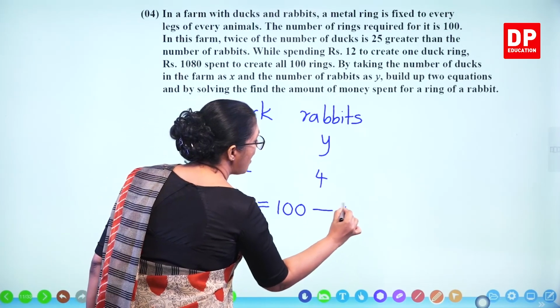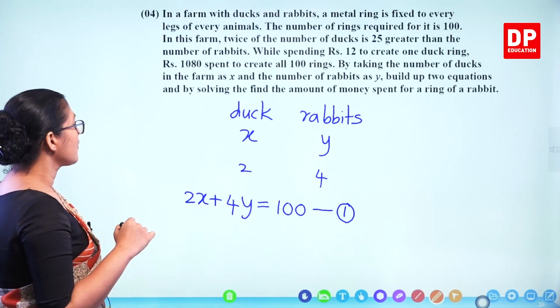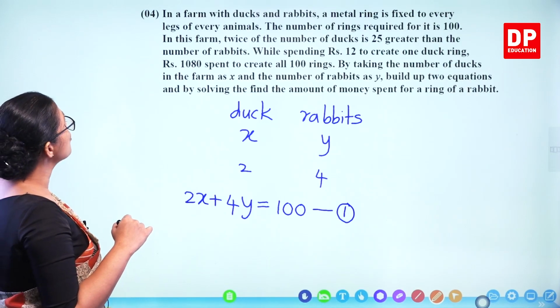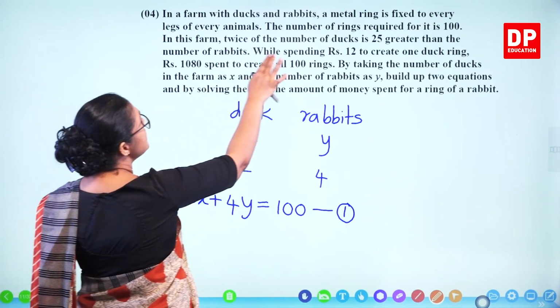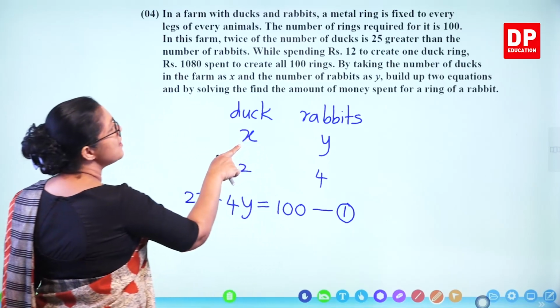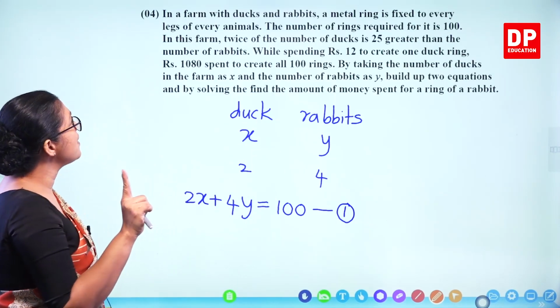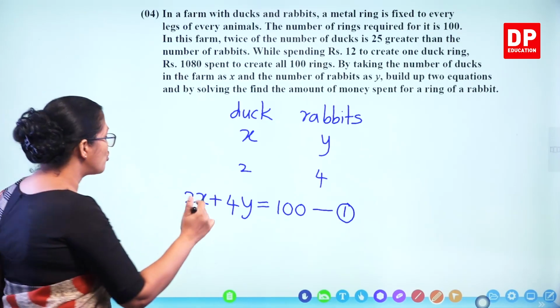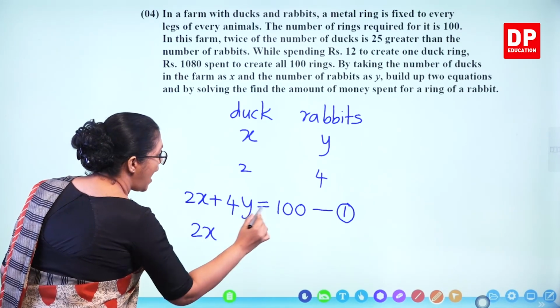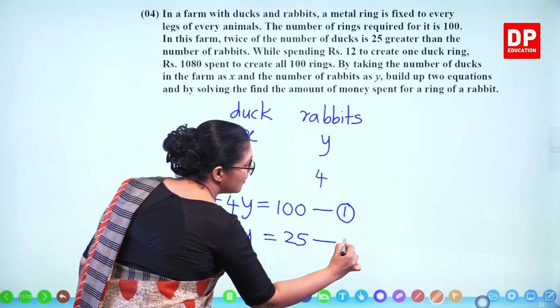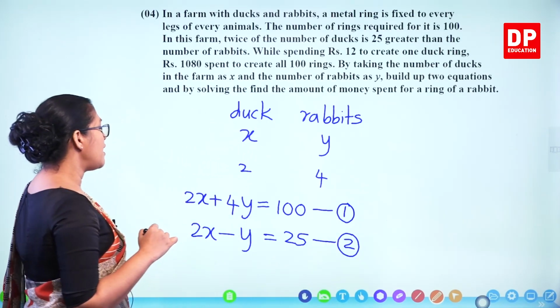So that's 100. That's the first equation. What's the second equation? Twice the number of ducks, that means 2x, is 25 greater than the number of rabbits. So 2x and y, the difference is 25. So we get the second equation.